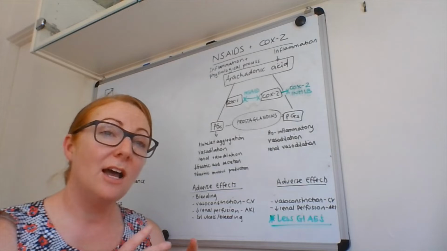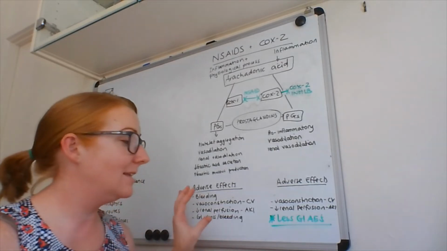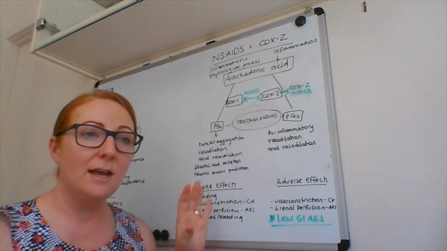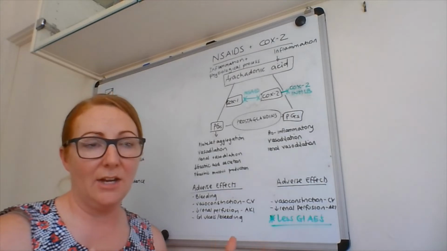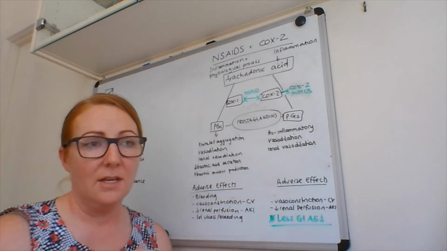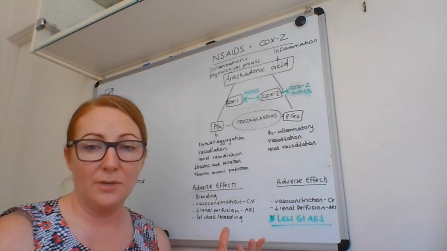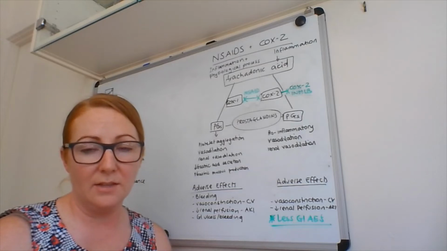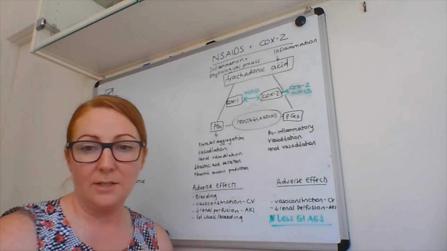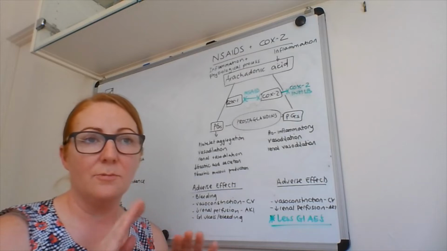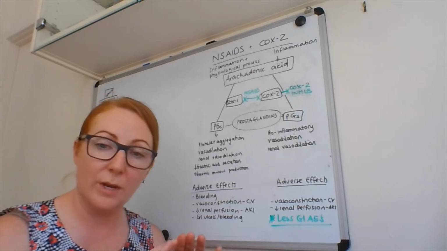Each of them has slightly different risk factors in terms of these key side effects. Some are safer in cardiovascular disease than others, and some are safer for gastrointestinal bleeding risk than others, so there are some relative differences between them.